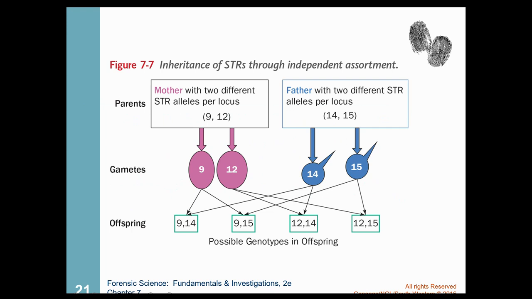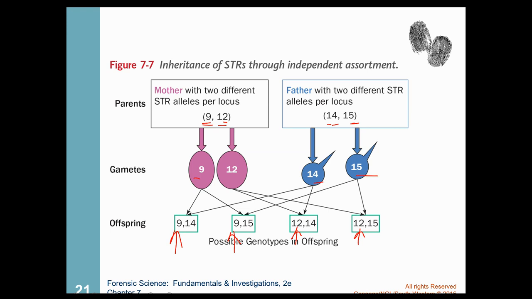So to talk a little bit about, again, what is an STR? Here we have locus numbers 9 and 12 and 14 and 15. If the mother has a 9 and a 12, but the father has a 14 and a 15, the mother can either donate a 9 or a 12. The father can donate a 14 or a 15.